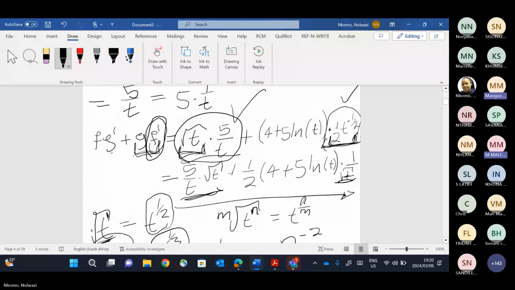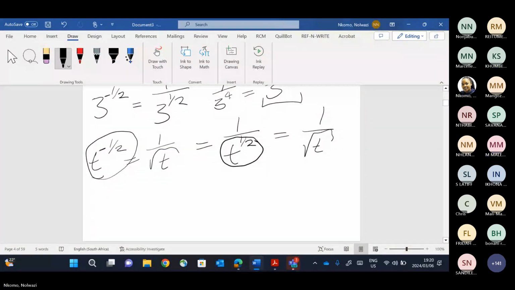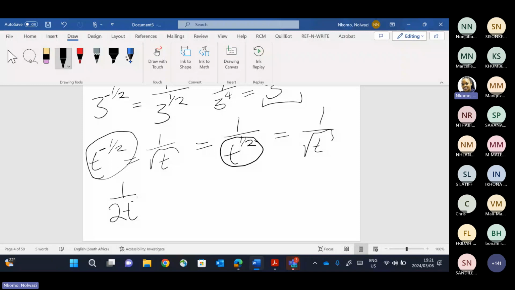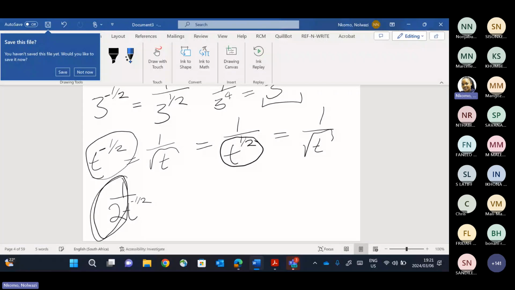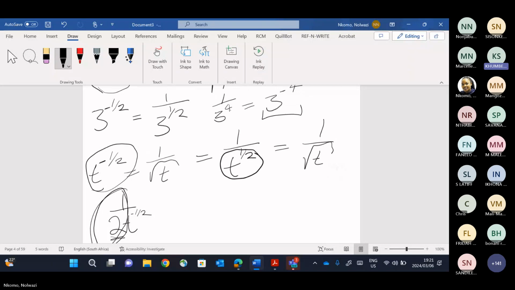Sorry, ma'am. Isn't it supposed to be 1 over 2 t to the power of negative 1 over 2? Didn't we derive that? Multiplied by that, yeah. Oh, you want to know where this half went? It's this half. Why did you separate it?